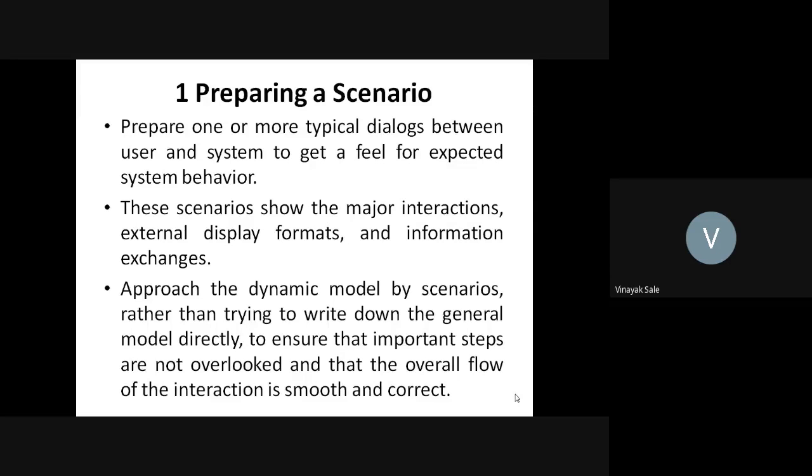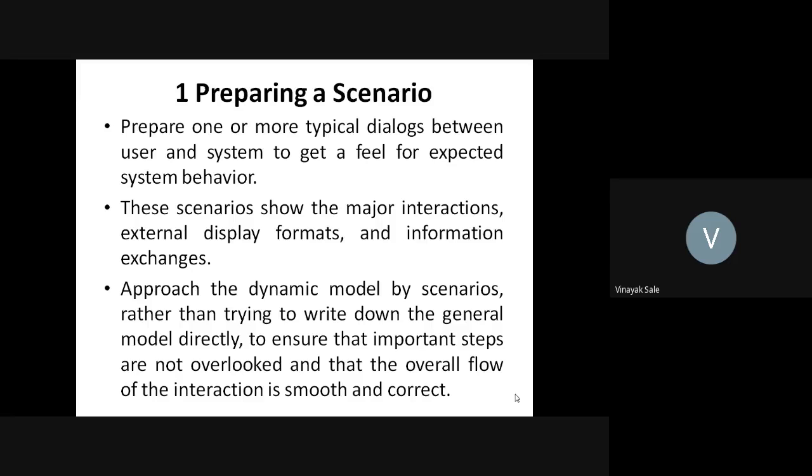While doing a scenario, you should know the communication between user and system to get a feel for expected system behavior. The scenario shows the major interactions, external display formats, and information exchanges between the two modules.